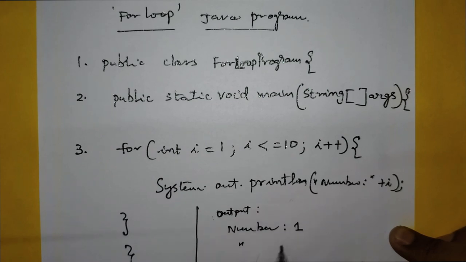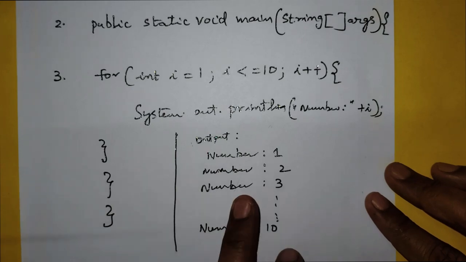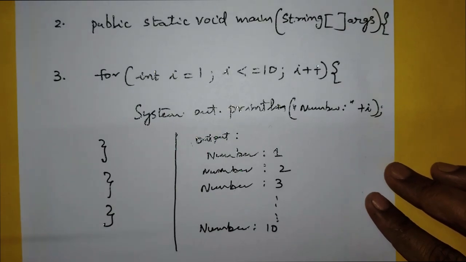Next, Number colon 2. Next, Number colon 3, and so on up to the number 10. Up to the number 10 it will be printed here. That is the output. Now how does it function?